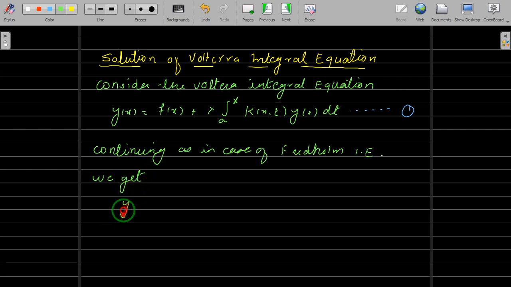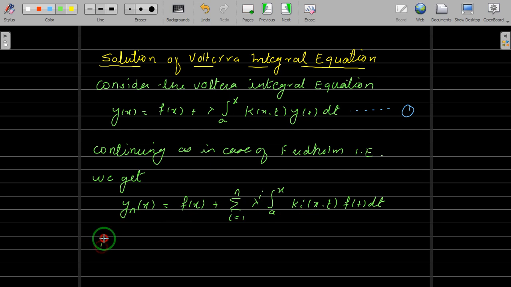We will get yn of x equals f of x plus summation i from 1 to n, lambda to the i. Now here you take care, see what the limits are. Integral from a to x, ki of x comma t, f of t dt. You follow the same procedure that we followed for the Fredholm integral equation for approximations, and we will get yn of x equal to f of x plus summation lambda raised to i integral ki of x comma t f of t dt.